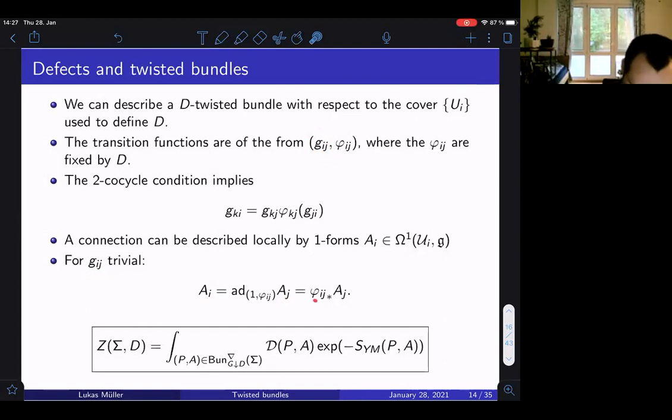So this means what I do is I just apply the derivative of this outer automorphism to the A_j. And this is exactly the transformation behavior for connections we have seen before.